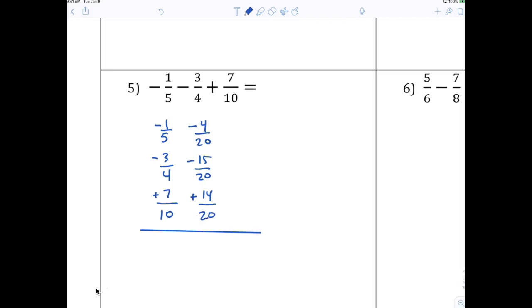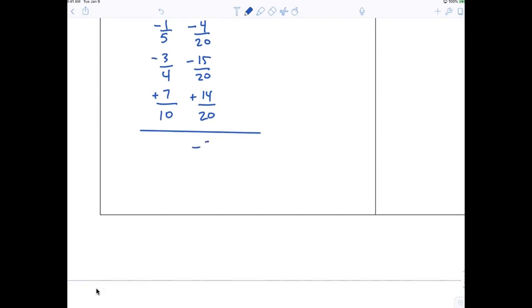Now again, I'm asking you to look up and make sure you're understanding that. Everybody comfortable? This is where the understanding of integers is the important part. Negative 4 and negative 15 makes negative 19. Negative 19 plus 14 is negative 5 over 20, which reduces to negative 1/4.